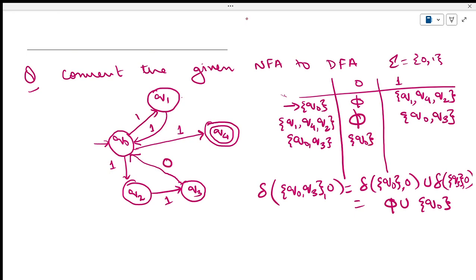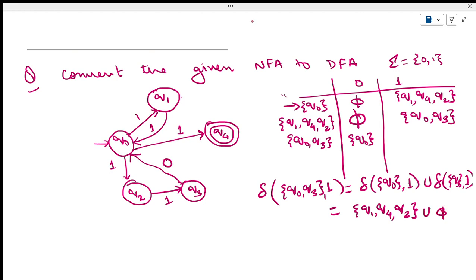Repeat the process for symbol 1. So Q naught on reading 1 is giving us Q1, Q4, Q2, and Q3 on reading 1 is giving us phi.